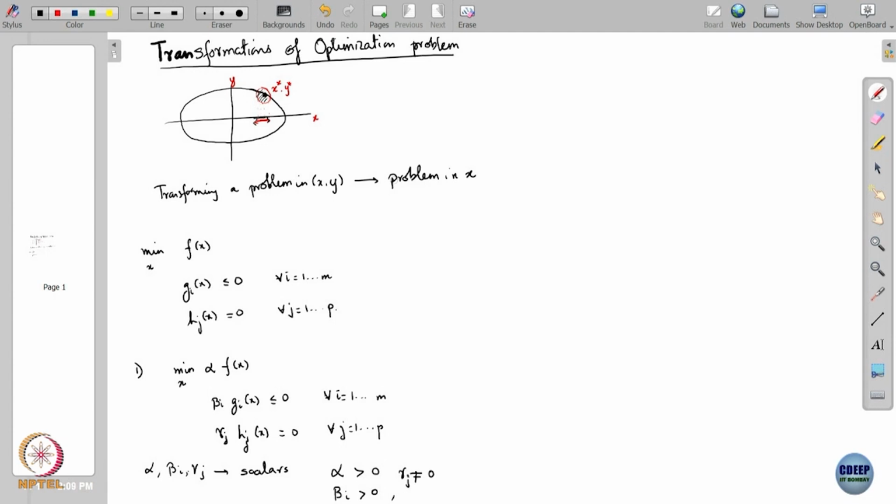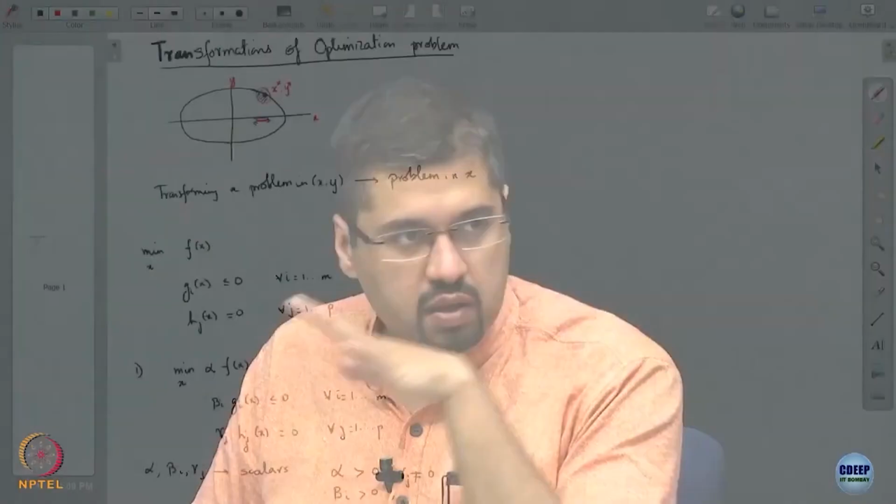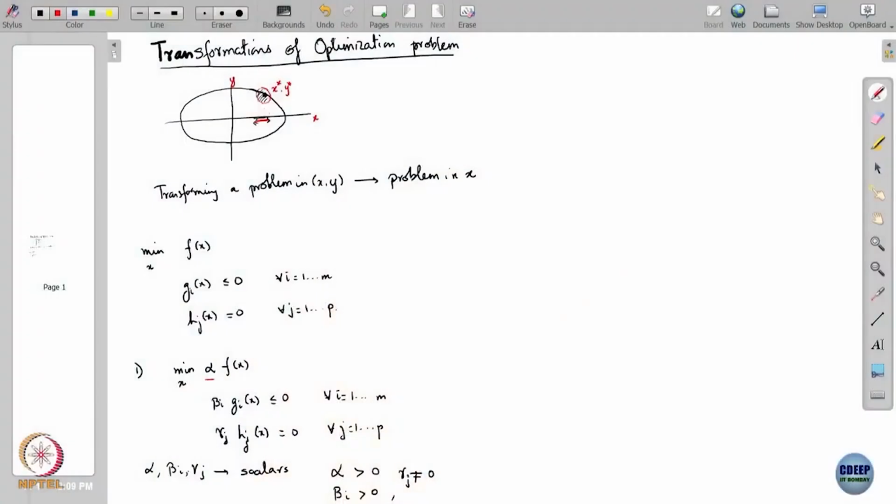Okay. So, if I do this, what happens as a result? The objective function is being scaled by alpha. Earlier whenever you were getting 1 unit of objective, now you get alpha units of objective.